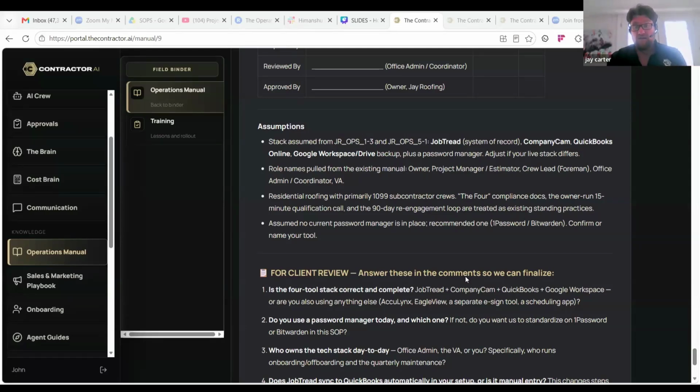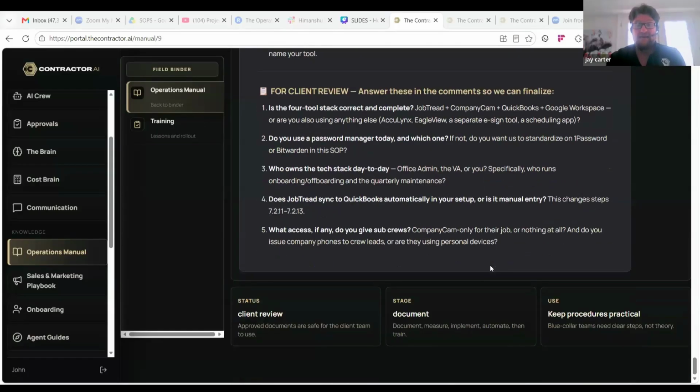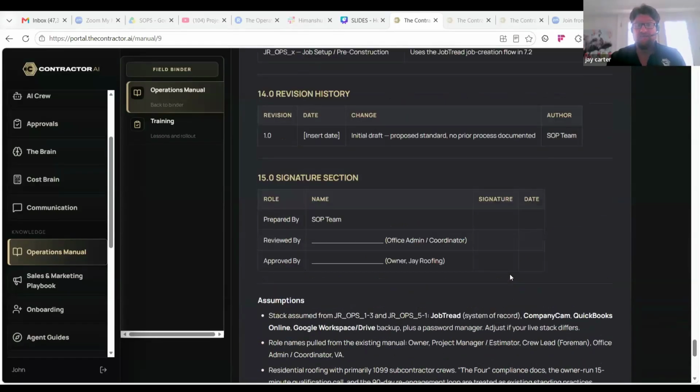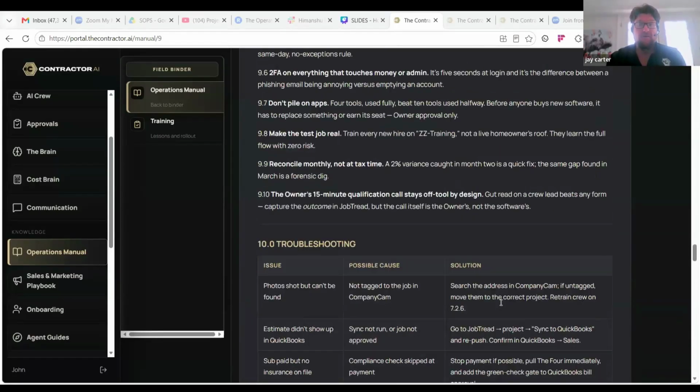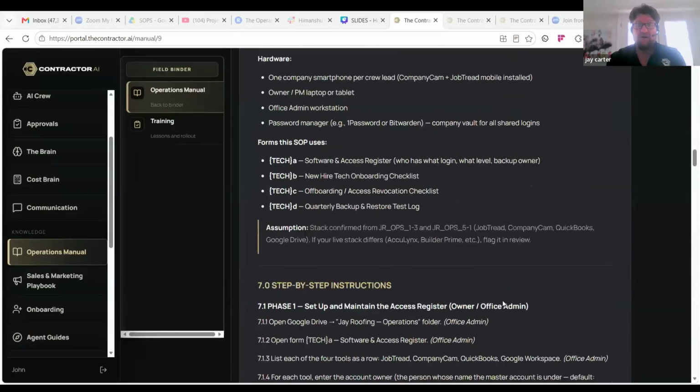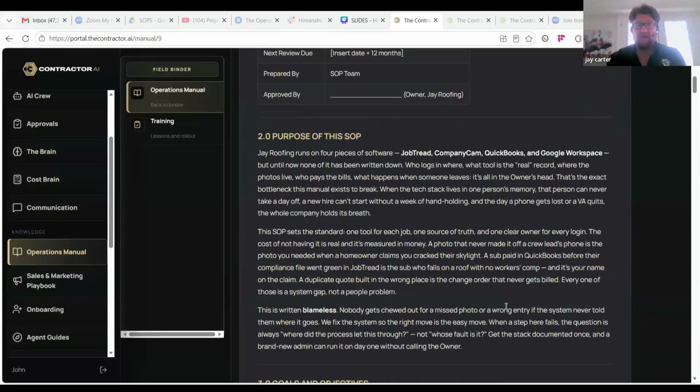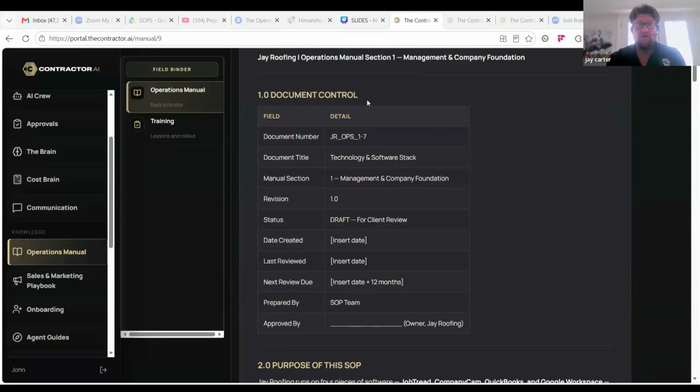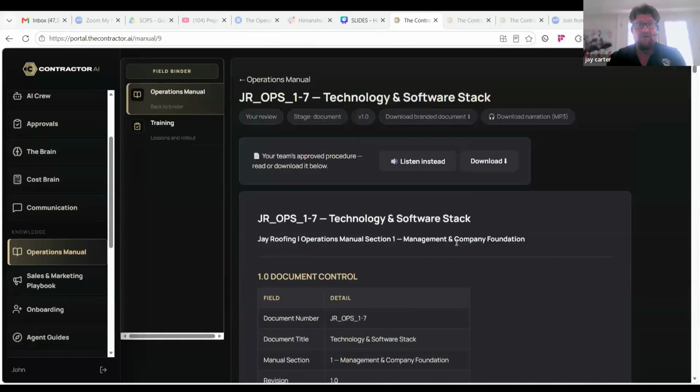Again, the nuance, the step by steps, the things that are going to make these actually useful. So now you've essentially done the documentation on the system. We can now download an actual branded document. That's available for us. But we don't really want to stop there, because that doesn't really answer, well, how do I train my team?